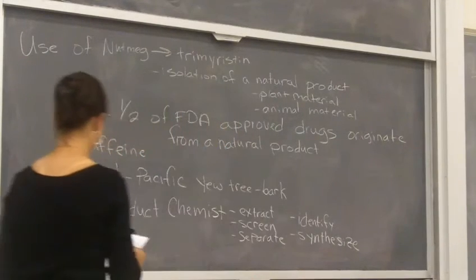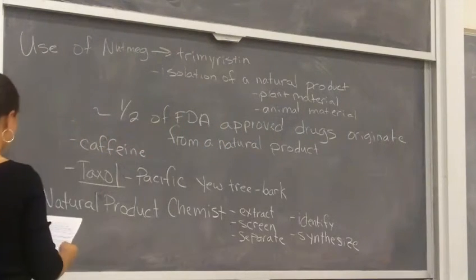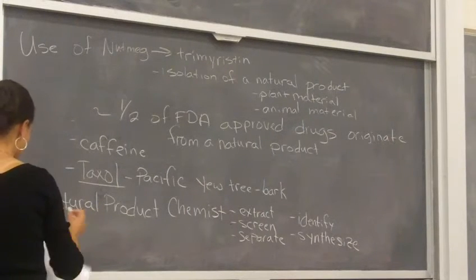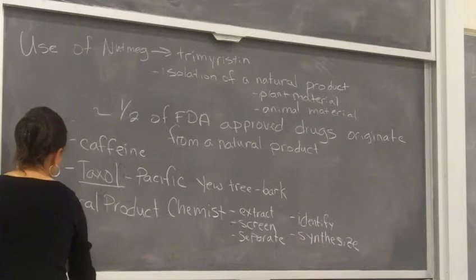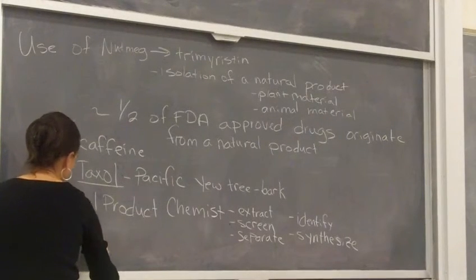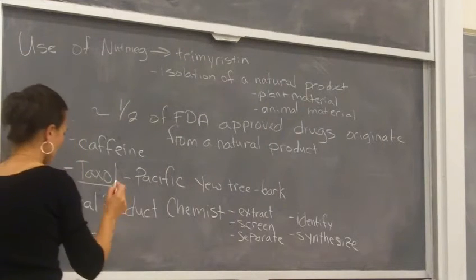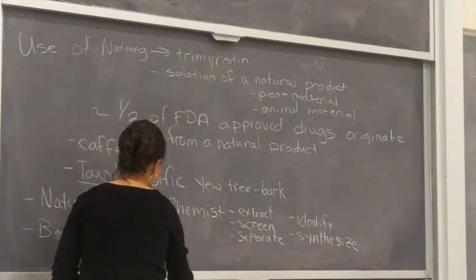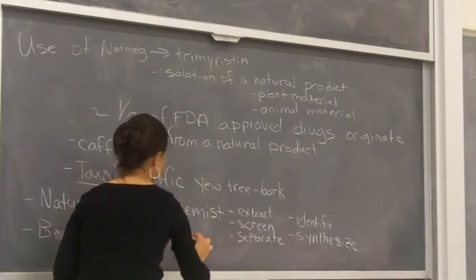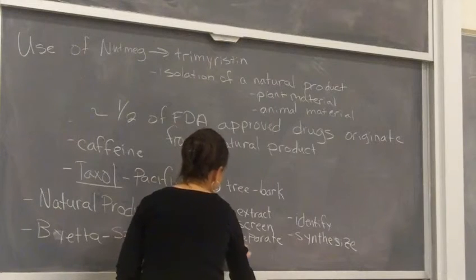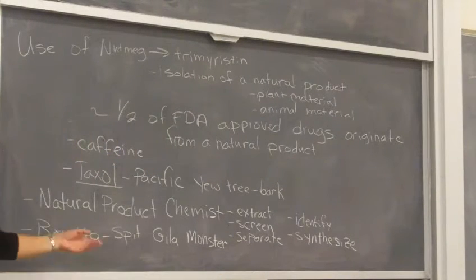Another example of a pharmaceutical that came from a natural product is a diabetes drug for type 2 diabetes, Byetta. It comes from the spit of a Gila monster. So they found that the Gila monster, in its spit, has this compound.